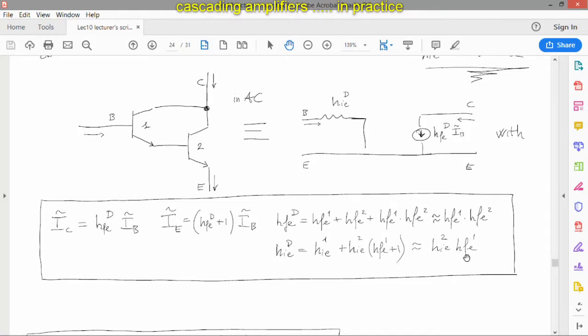Remember hFE is 100, for example, hIE is 1 kilo. This means that the hIE, the input impedance of the Darlington pair in AC regime, is actually 100 kilo ohm. So the Darlington pair has huge current amplification and very large input impedance. So we like it a lot for voltage amplifiers, very large input impedance.